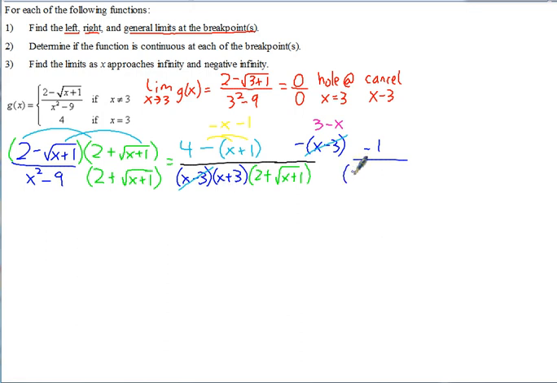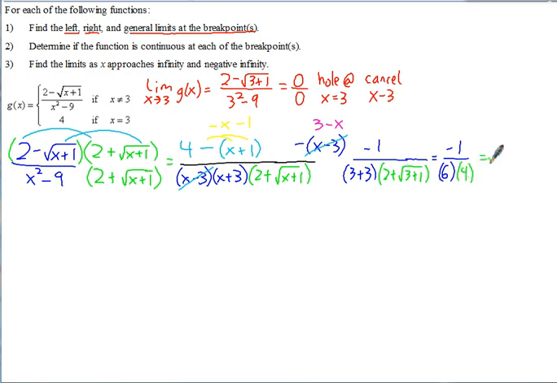So it'll be 3 plus 3, and then times 2 plus the square root of 3 plus 1. So we have negative 1 over 3 plus 3 is 6, times the square root of 4 is 2, plus 2 gives you 4.